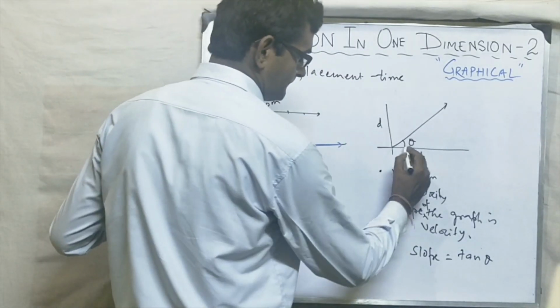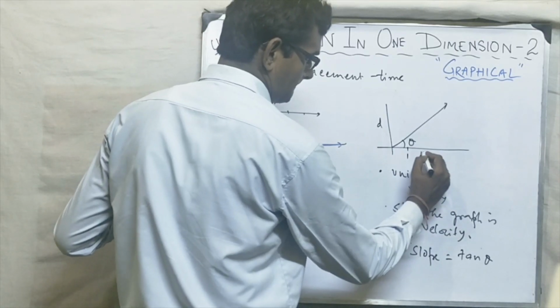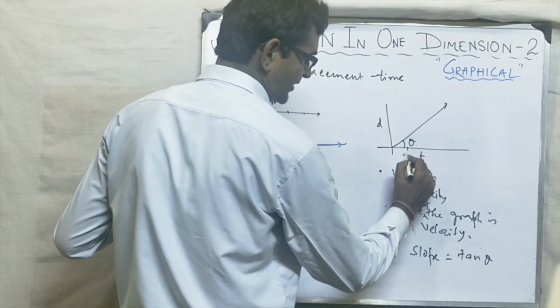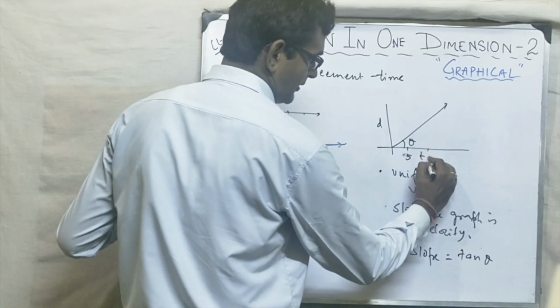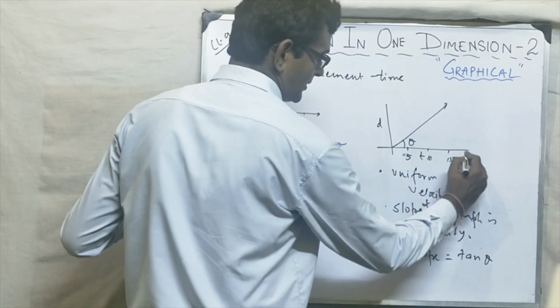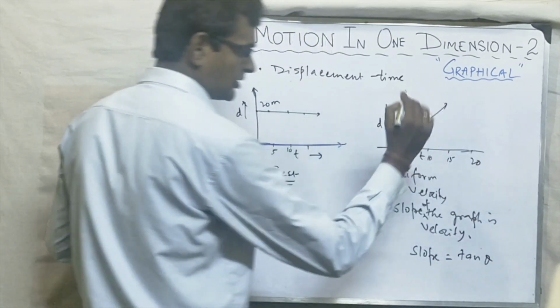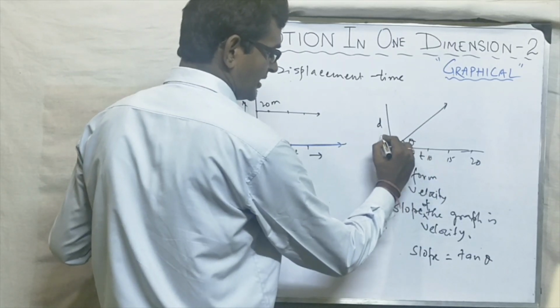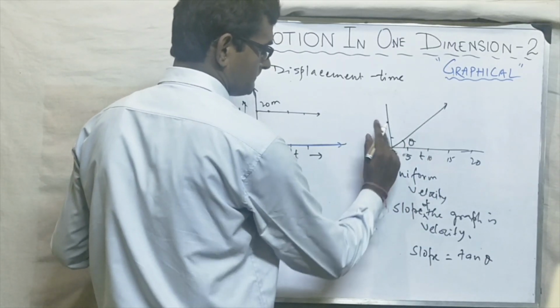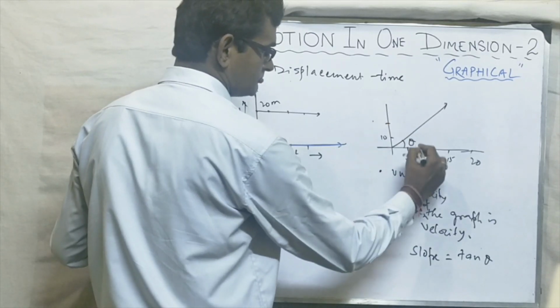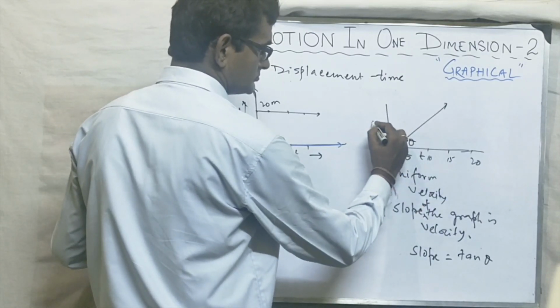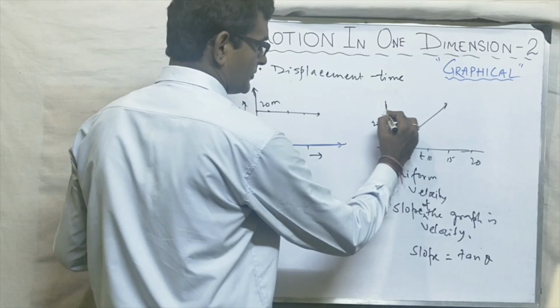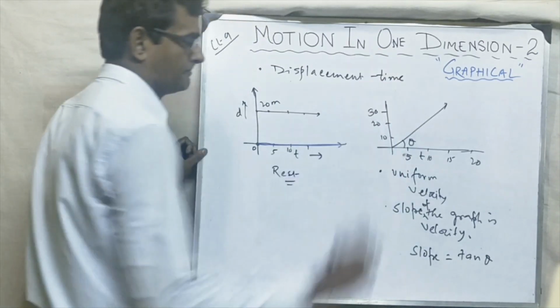Suppose this is 5 seconds, this is 10, this is 15, this is 20. And this is 10, 20, and 30 this way.